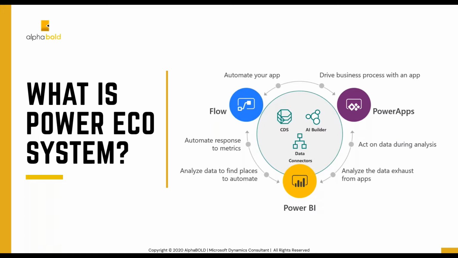All right, so today we'll be talking about Power Ecosystem and, more importantly, how it has changed the development landscape in the context of SharePoint. As far as Power Ecosystem is concerned, it's essentially a combination of Power Apps, Power Automate, which is the new name for Flow, and Power BI, which is also built on top of Power Apps.